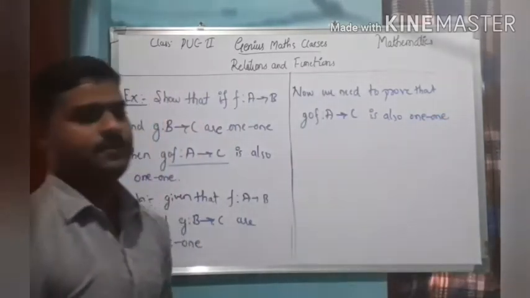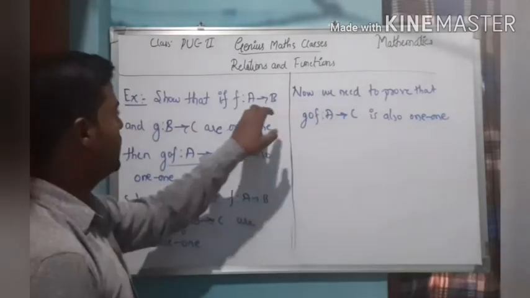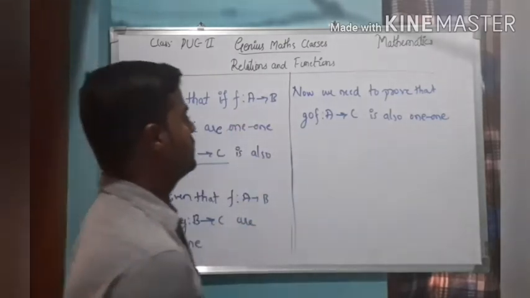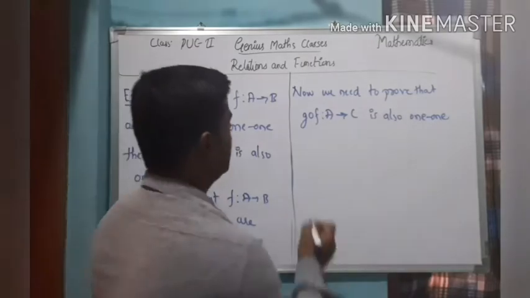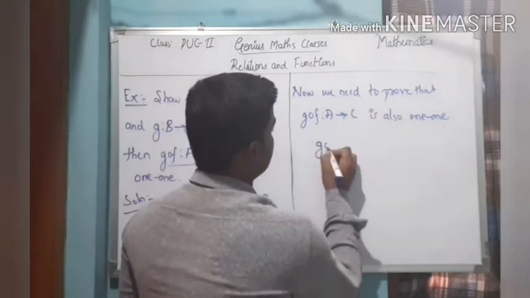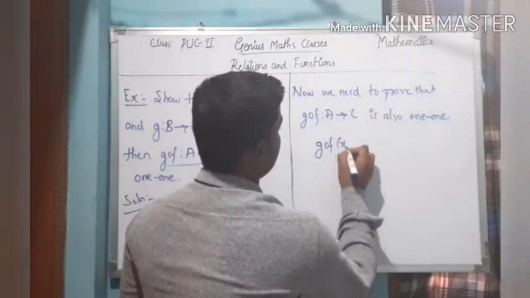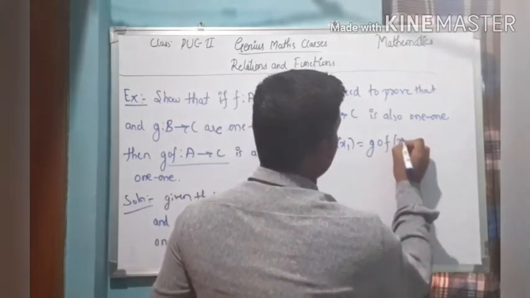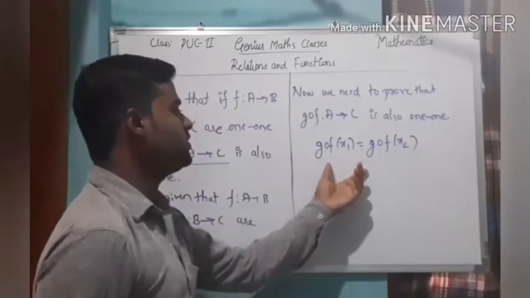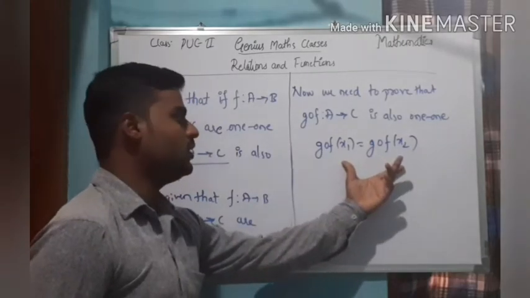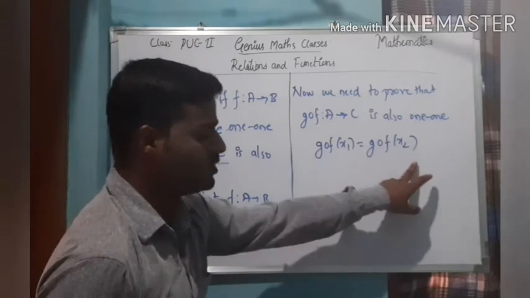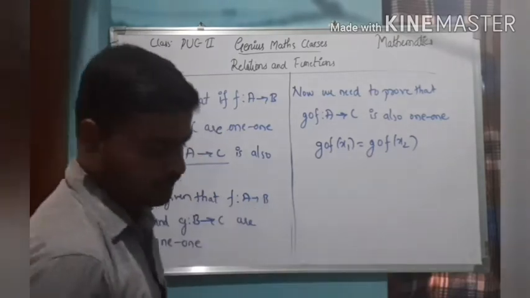So let me write g naught of f of x1 equal to g naught of f of x2. If these images are equal, then we must prove that x1 must be equal to x2.